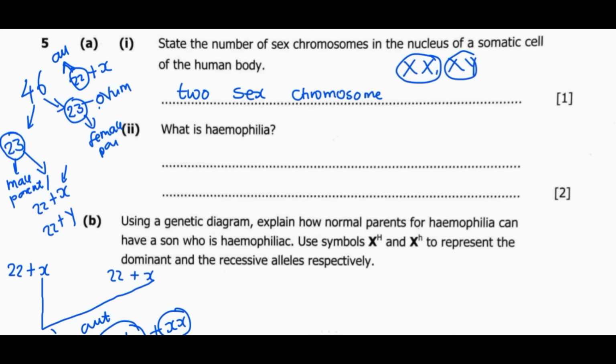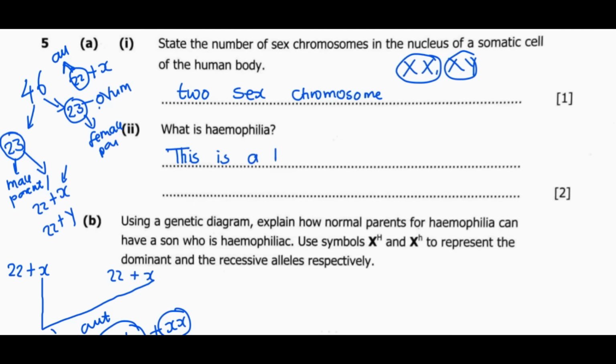And some of the symptoms associated with someone who is hemophilic is that the bleeding takes time to stop, or sometimes is impossible. As a result, they lose excess blood.